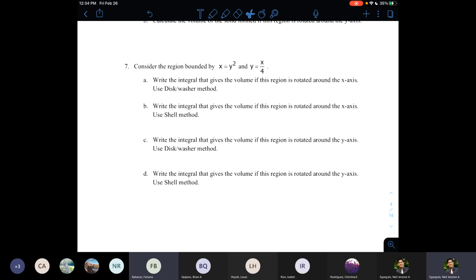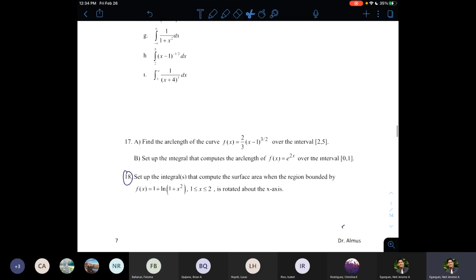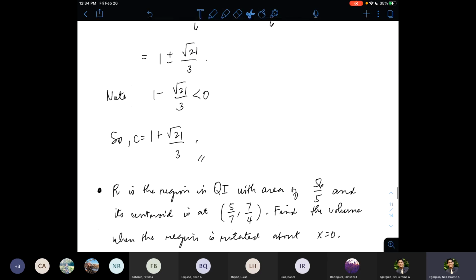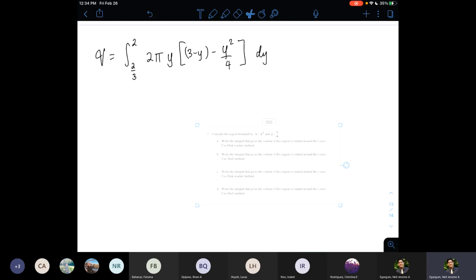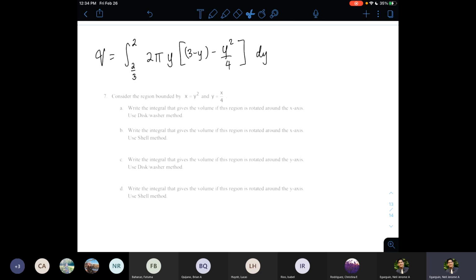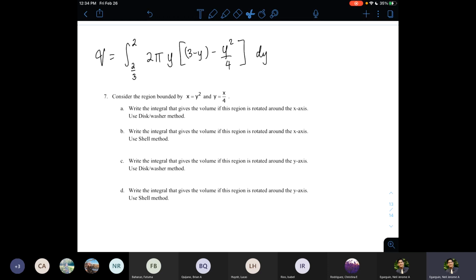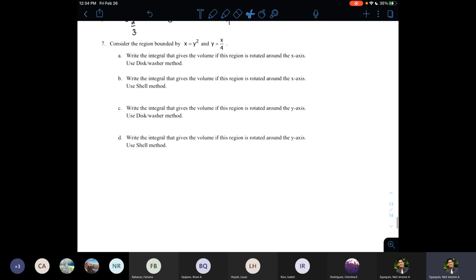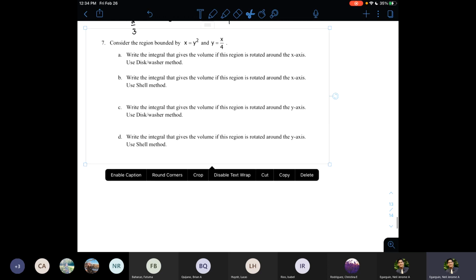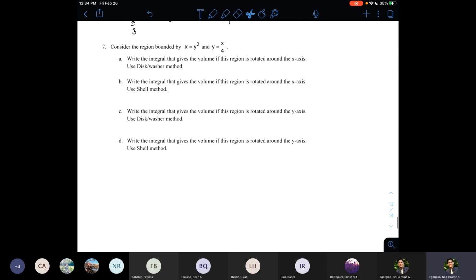I know some students prefer complicated functions, but if you start with very complicated functions, then you'll focus more on looking at the functions rather than understanding the concepts. If you understand the concept, whatever function is thrown at you, you should be able to set up the integrals. Okay, so let's play with this.